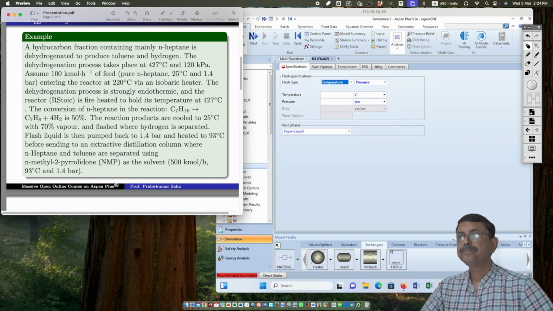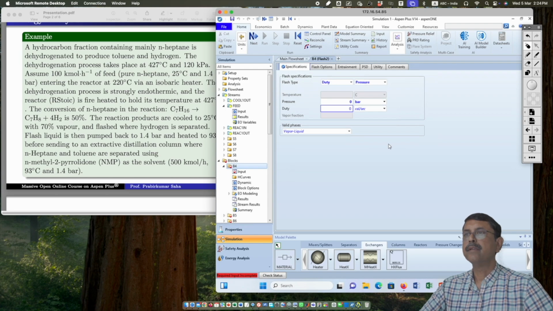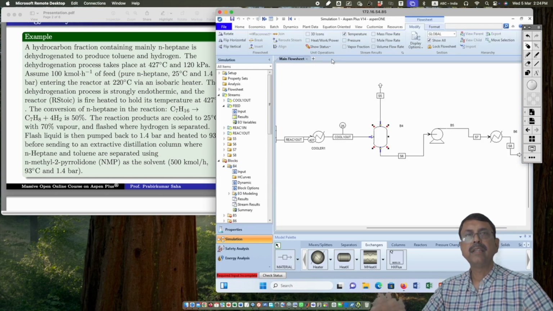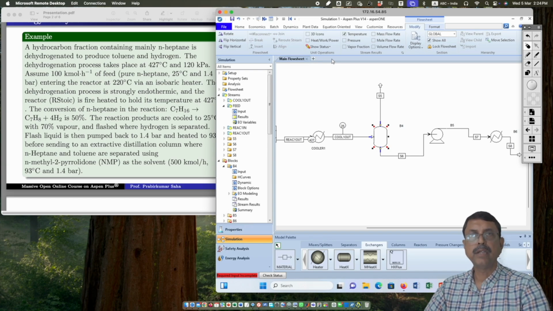That's all. So we will use no pressure drop and no duty. So both of them we will take 0 and 0. That way we define the flash. Okay. So flash is used only to separate the vapor and liquid in whatever the condition it is.